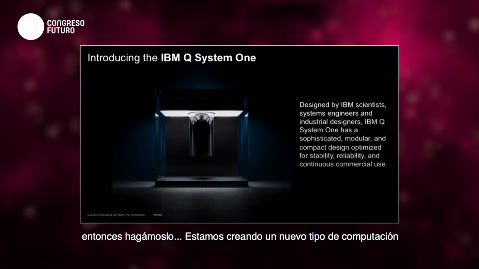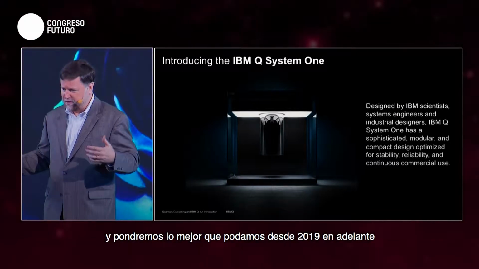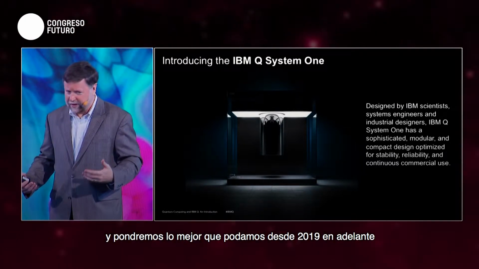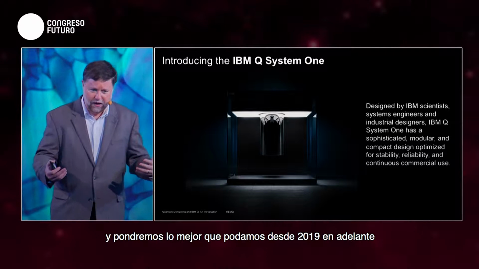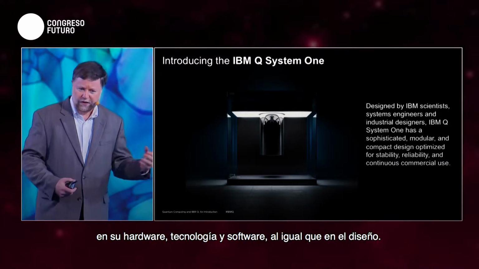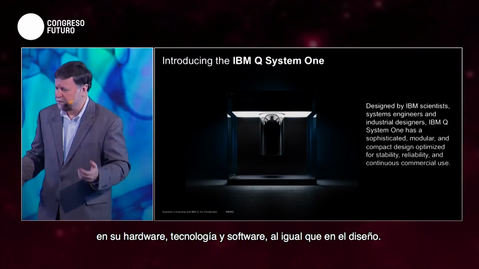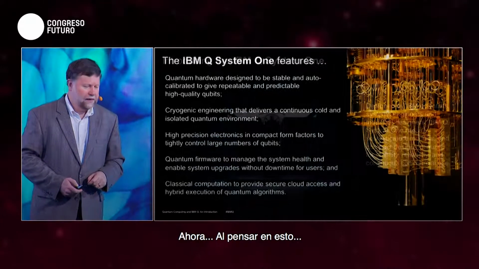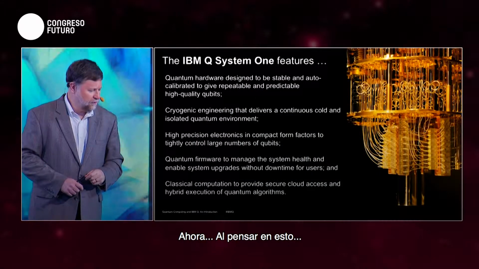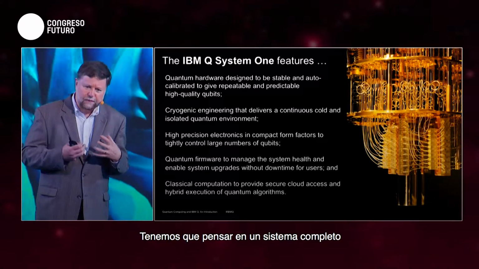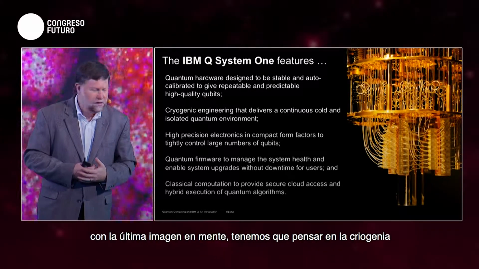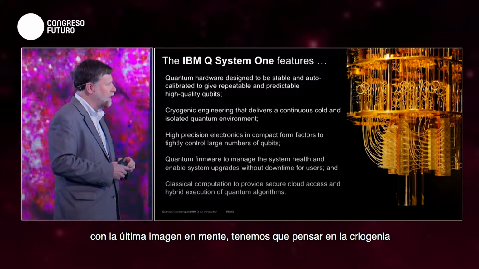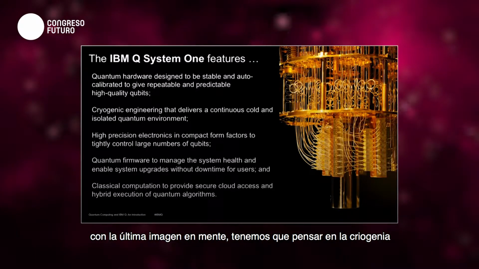So let's do it. We're inventing a whole new type of computing. So we are going to put the best we can do in 2019 and beyond into its hardware, into its technology, into its software, as well as the design. Now, thinking about this, we have to think about it as a full system. So with that last picture in mind, we have to think about the cryogenics.